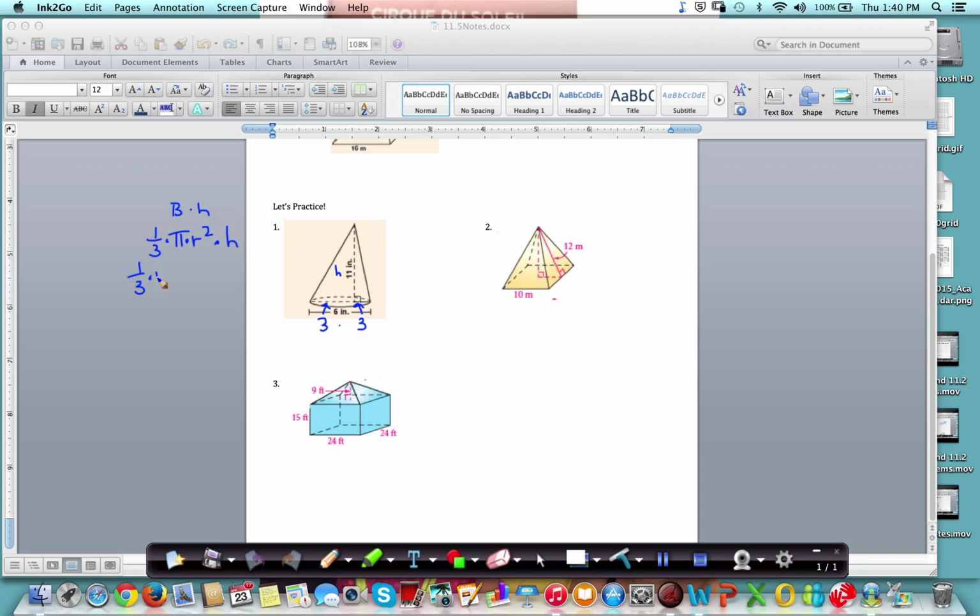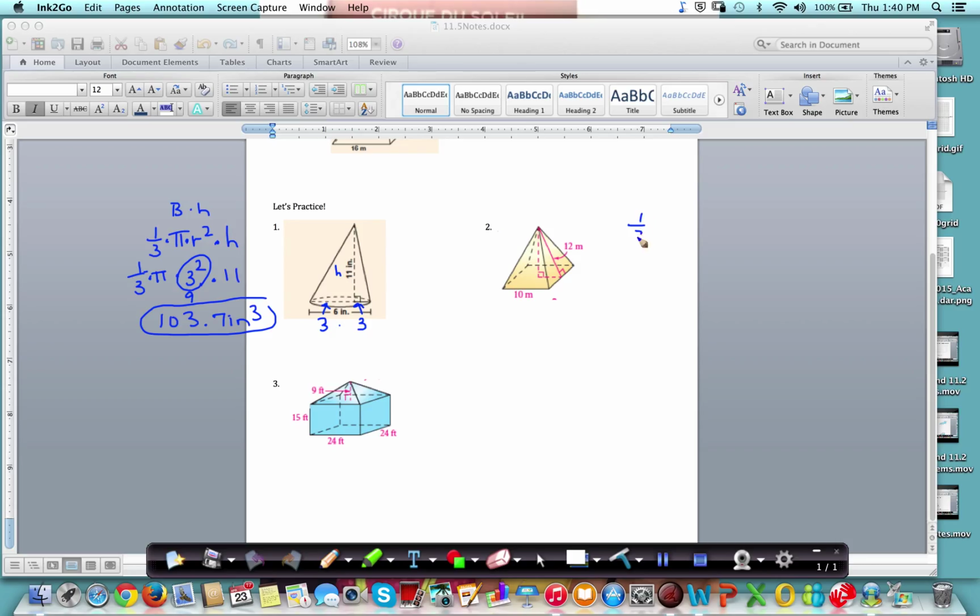So 1/3 times pi times 3 squared times height 11. Multiply that all out, you get 103.7 inches cubed. Remember, when you are calculating this, you need to do 3 squared first and get 9 and then multiply. You could do pi times 9 times 11 and then divide it by 3. You should be able to get that same answer.